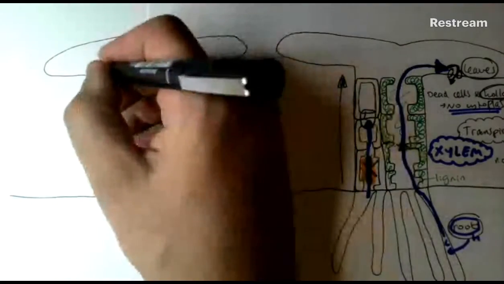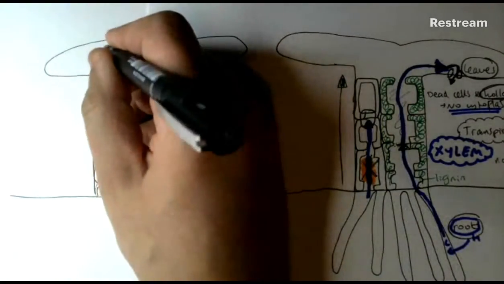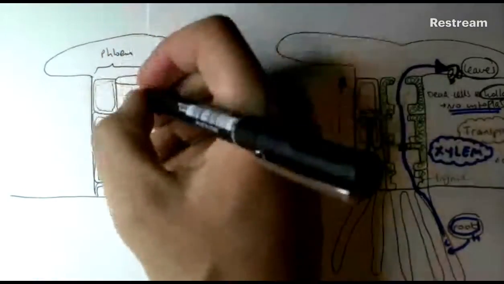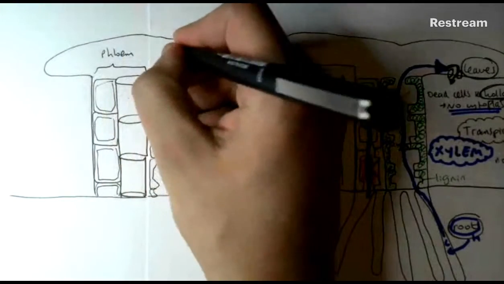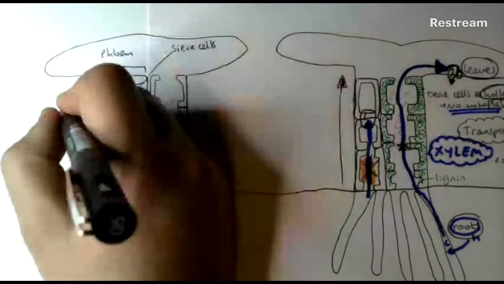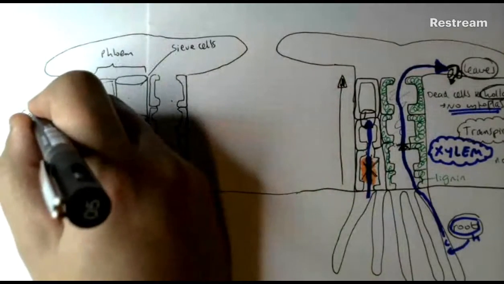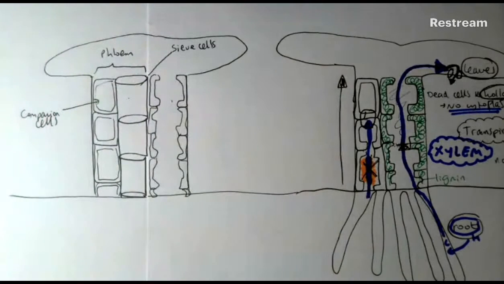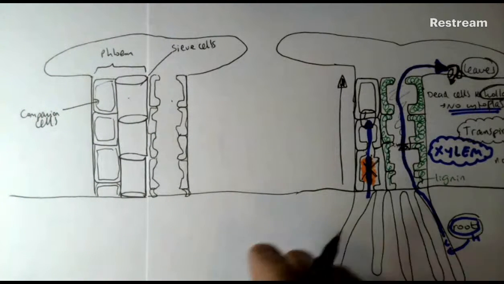So this here is the phloem. The phloem consists of sieve cells and companion cells.